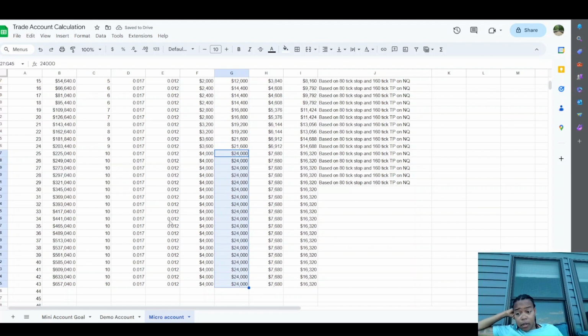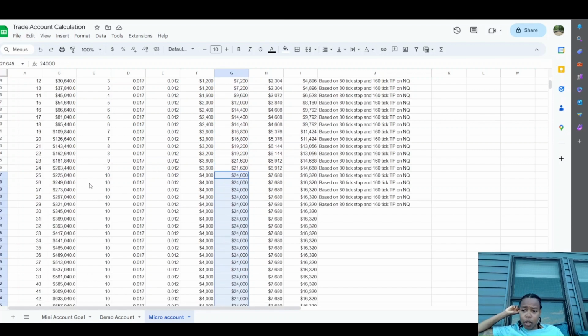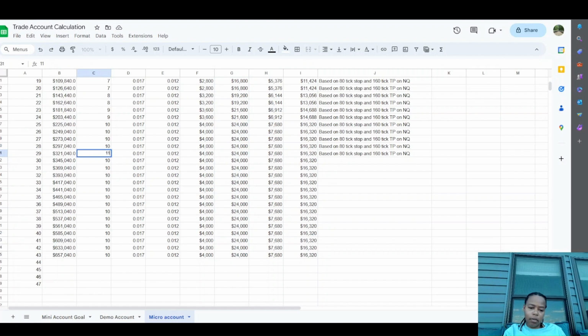I mean, making that much money a week is, for the foreseeable future, perfectly acceptable. If I follow this plan, I'm already at 600 and change. 10 micros, maybe when I get to 300, like right about here, let's switch it to 11. 11 contracts.